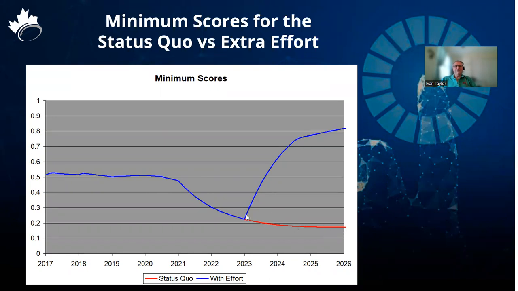And with effort, we see that we get a rapid increase in the score for the minimum. But notice this kink in the result, because this is where SDG 13 is no longer the minimum, and it changes to a different SDG as being the minimum after this point in 2024.